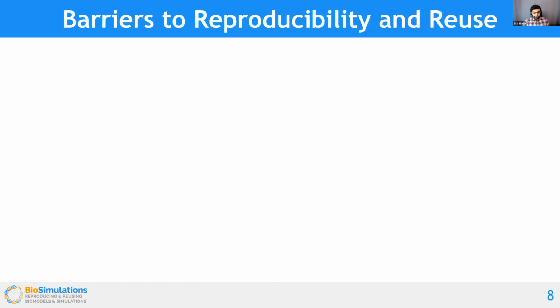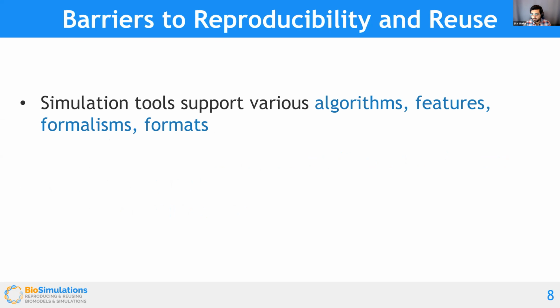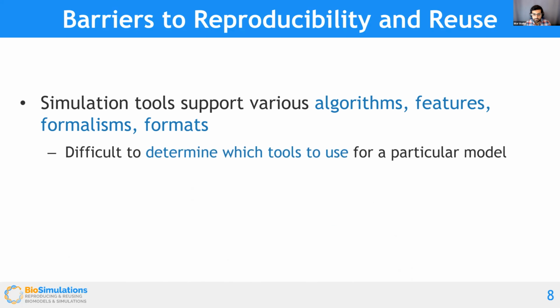However, there are still quite a few barriers to reproducibility and reuse. For example, simulation tools support various different algorithms, features, formalisms, and formats, so that can make it difficult to determine which tools to use for a particular model. For example, right now, as we've been working with Tellurium, a question came up earlier about introducing PDEs into the model.